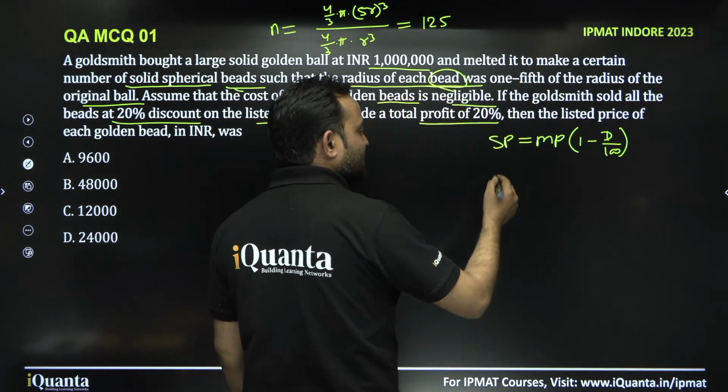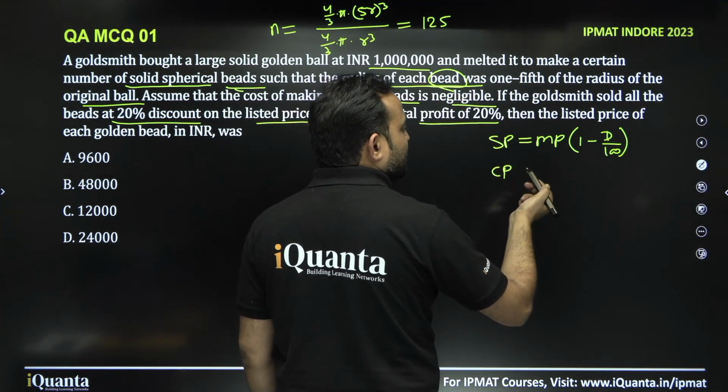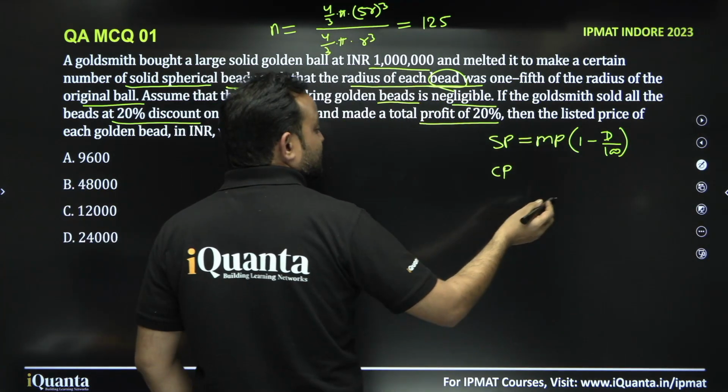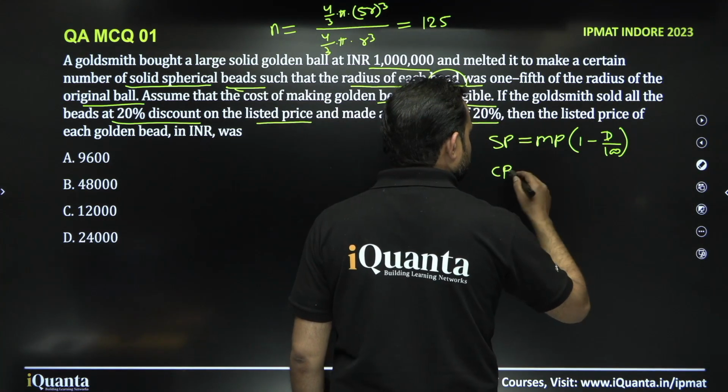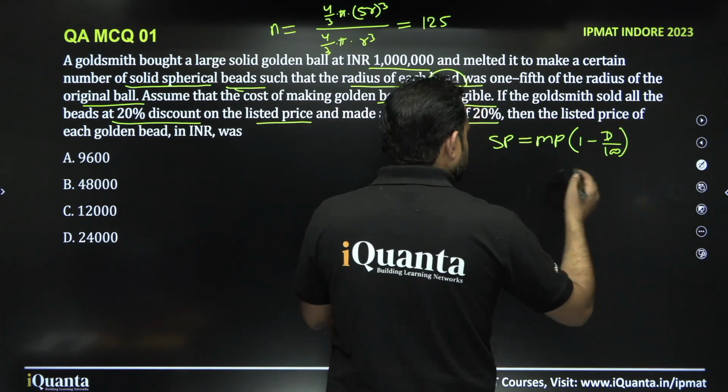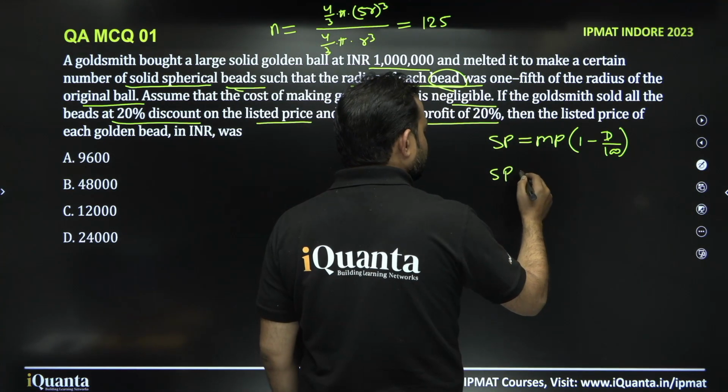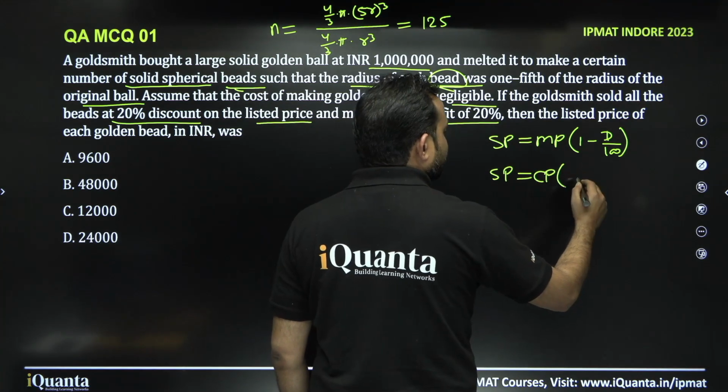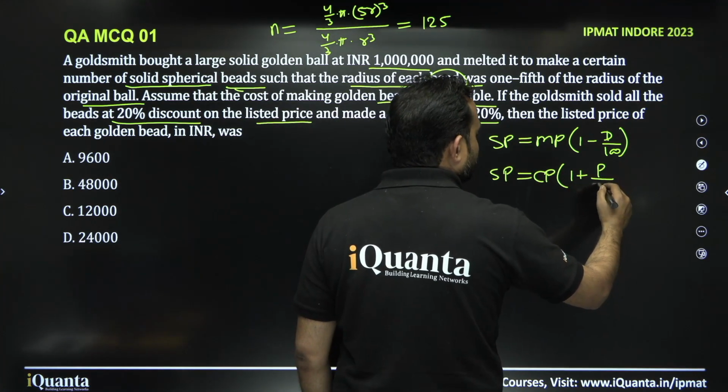And similarly, if we write selling price in terms of cost price, selling price is equal to cost price into 1 plus p by 100.